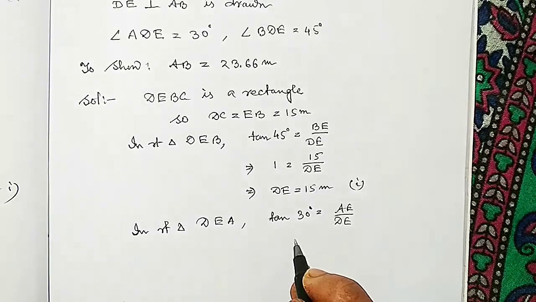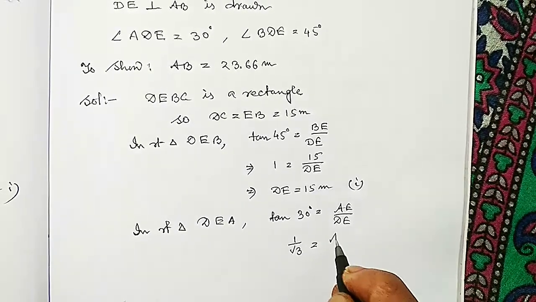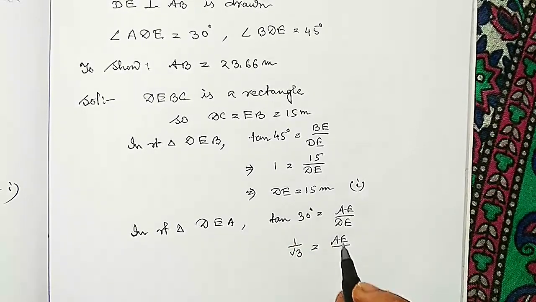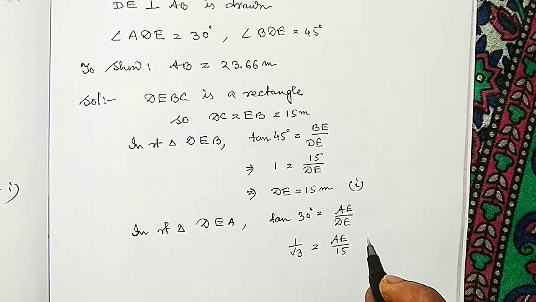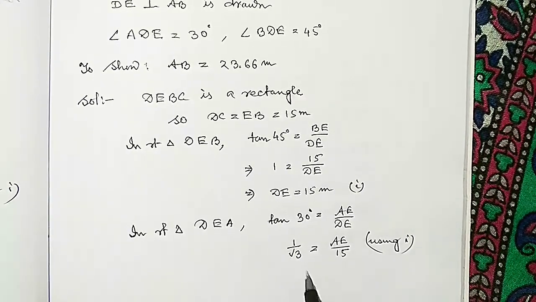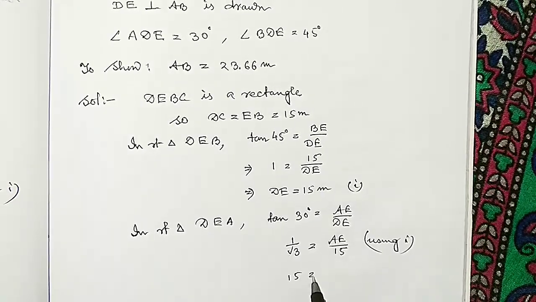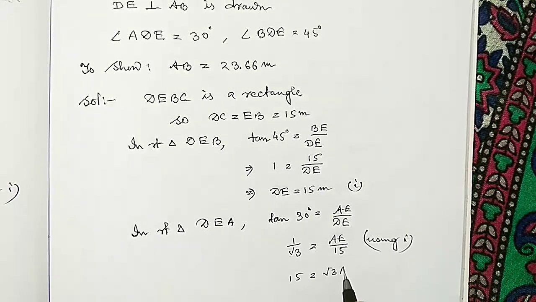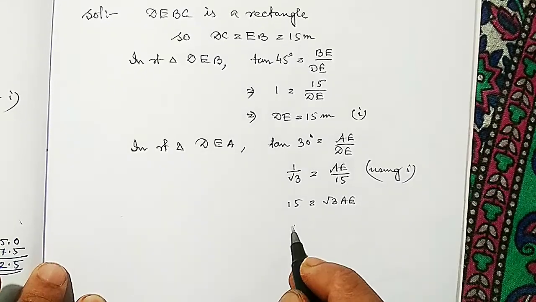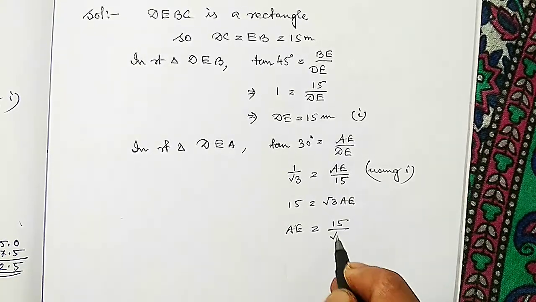We know tan 30's value is 1 by root 3 equals to AE, which is not known, by DE, and DE from equation number 1 we got it is 15. If I cross multiply, I am going to get 15 equals to root 3 AE. That means AE equals to 15 divided by root 3.